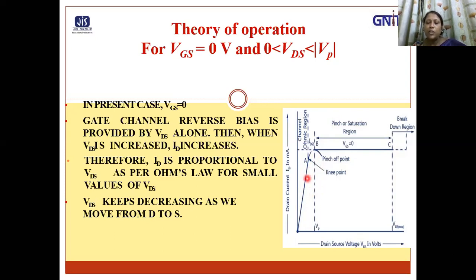This ohmic relationship between VDS and ID continues till VDS reaches a certain critical value called the pinch-off voltage VP. Here, drain current becomes constant at its maximum value called IDSS, as shown here.